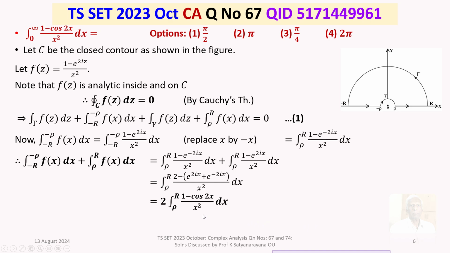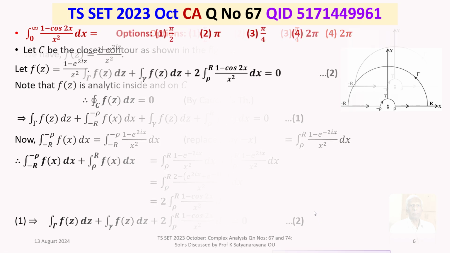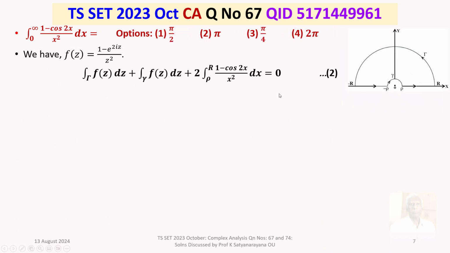With this, the integral taken along the semicircle capital gamma of f of z dz, plus the integral taken along small gamma of f of z dz, plus 2 times the integral from rho to R of (1 minus cos 2x) by x square with respect to x, is equal to 0. Let's call this equation 2.